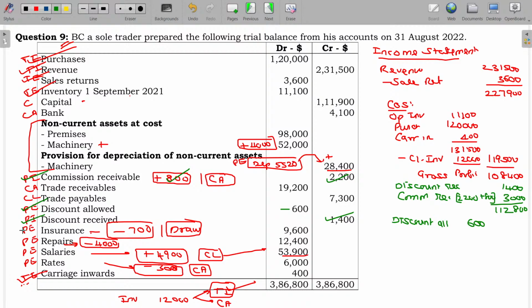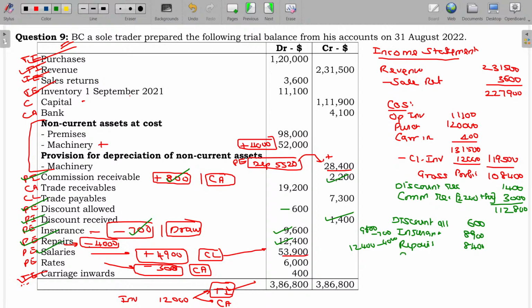And insurance. In case of insurance, 9,600 minus this 700, 8,900. Repairs, 12,400, and you have to minus 4,000, so 8,400.